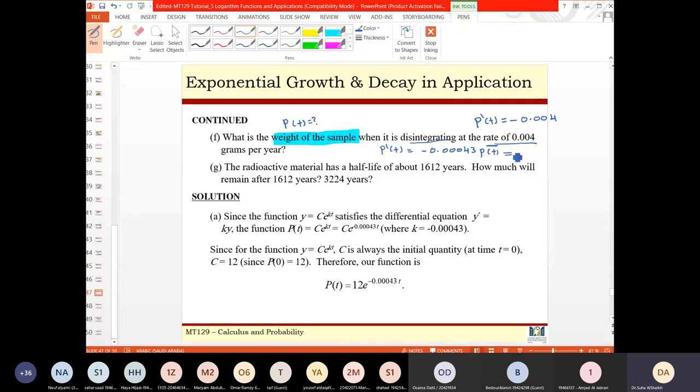So this implies that P of T is equal to P dash of T divided by minus 0.00043. And this P dash is minus 0.004. I divide this by minus 0.00043 and I get the answer. What does this equal, please?